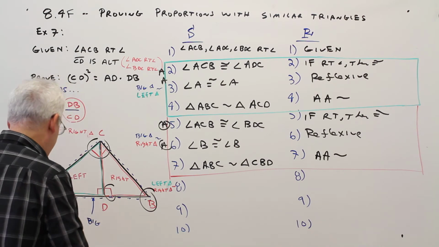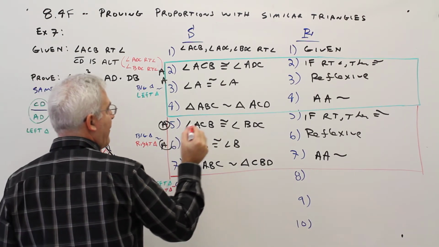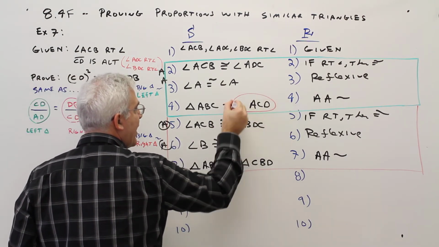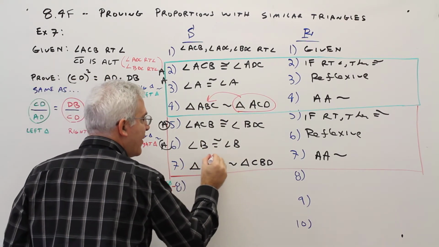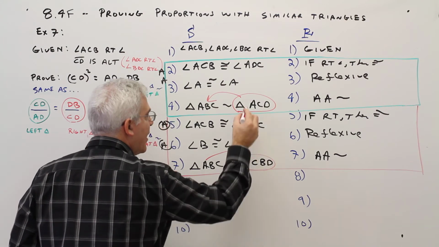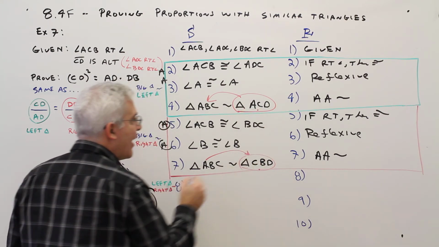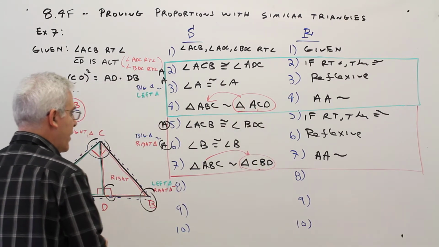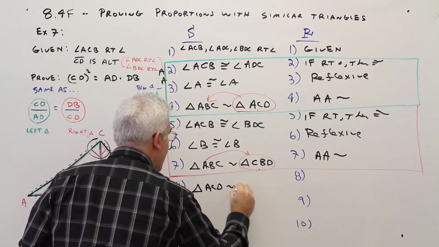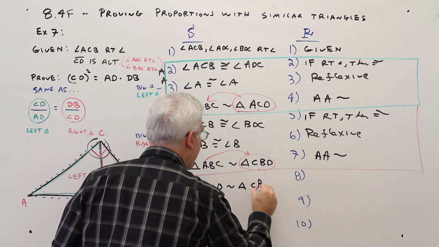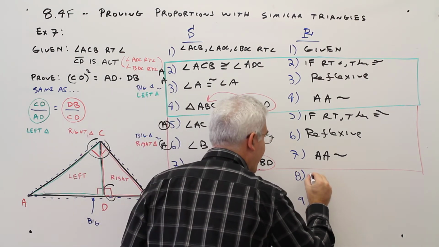And now, just to show you, I've got ACD jumping to ABC, ABC jumping to CBD, so I can start here and end there. So now I've got triangle ACD is similar to triangle CBD, that's by transitive.